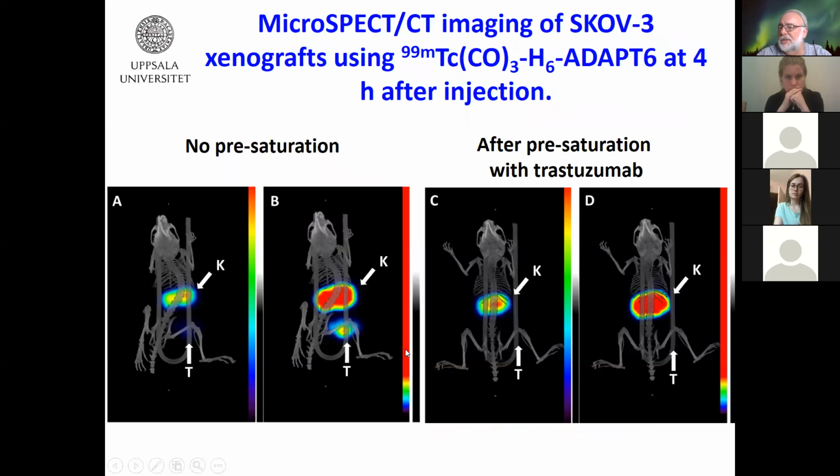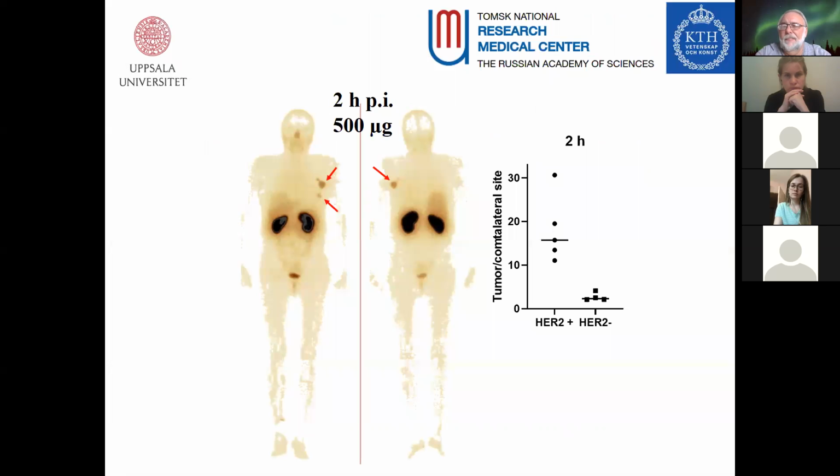So it worked, and we also demonstrated that in this case we have HER2 specific accumulation in tumor, because if we pre-saturate HER2 receptor with trastuzumab, so we completely obliterated the tumor uptake of hexahistidine tag.